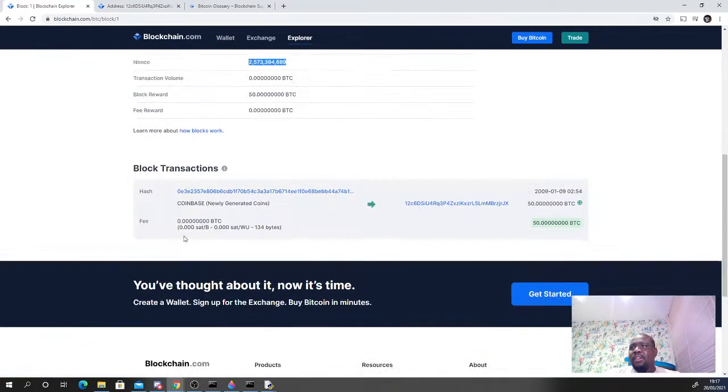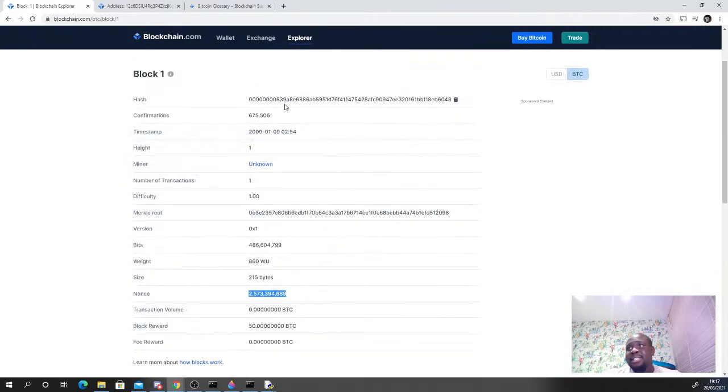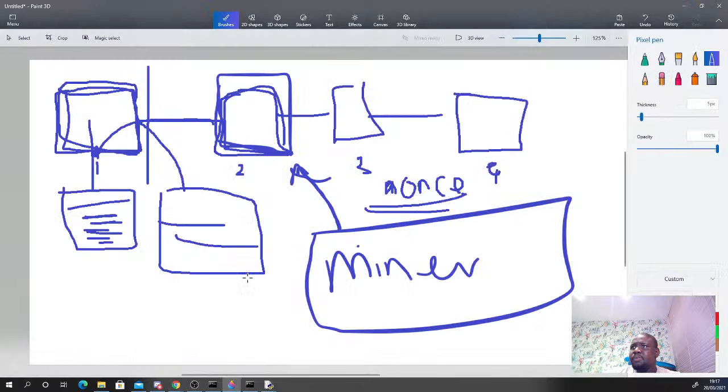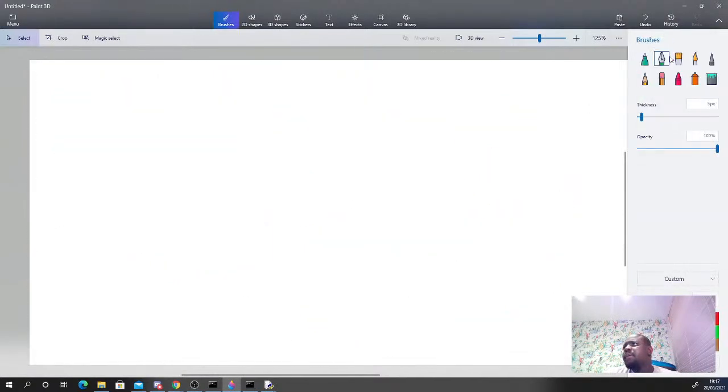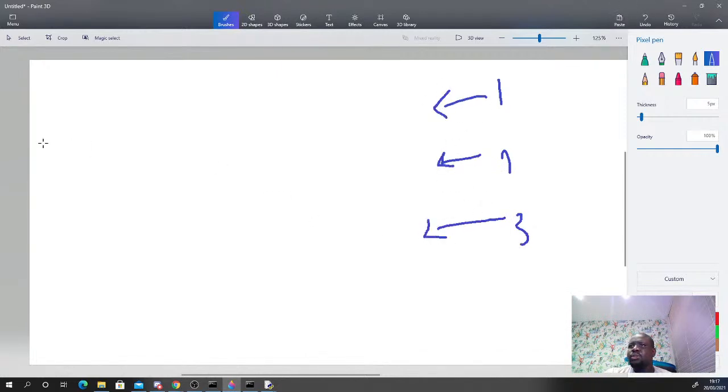If I get the nonce value and I send it, and Mr. One too, if we have five of us, maybe 1, 2, 3, 4, 5 people that have actually sent the same nonce value to generate the block, what happens? Bitcoin will say, okay, who has the longest transaction?